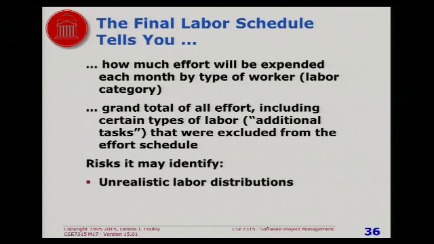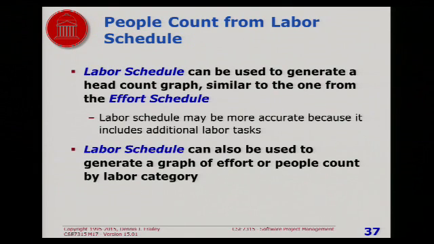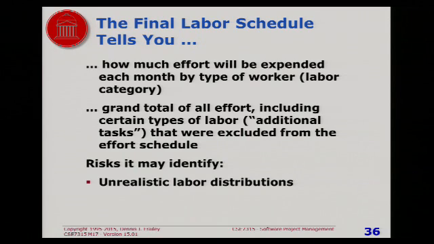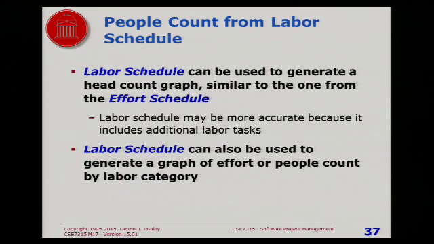How much effort will be spent each month by each type of worker. And one of the things it may illustrate to you is that you have unrealistic distributions. When you look at the graph, it may be way out of whack, or it may show that you've got totally unreasonable numbers here and there, and you have to rethink some of the things. You can get a head count from the labor schedule just like you did from the effort schedule, and it'll be almost exactly the same except for any additional stuff that you added.